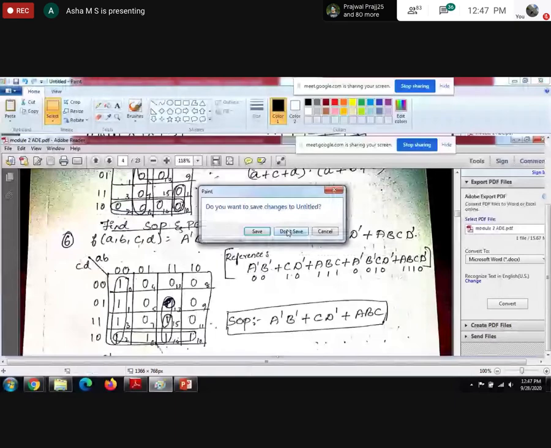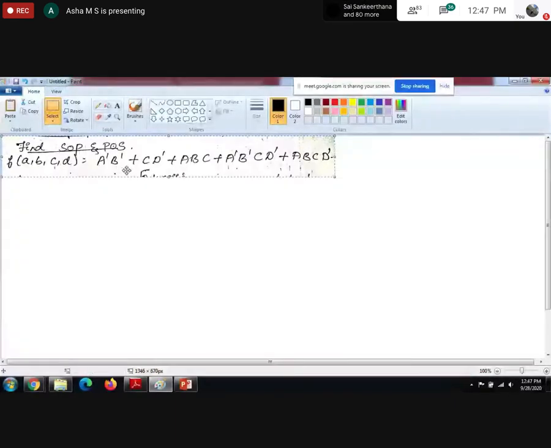Copy down this question. Find SOP and POS.